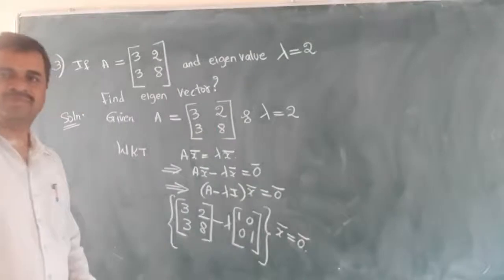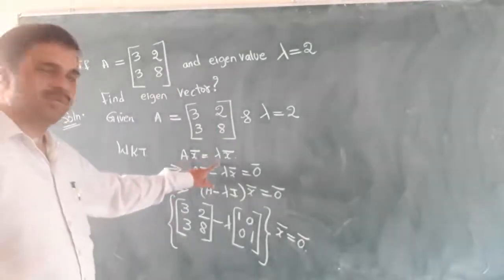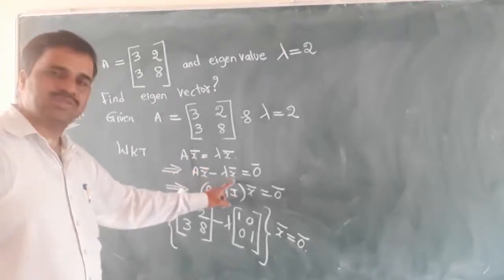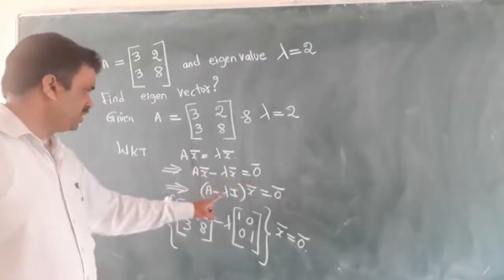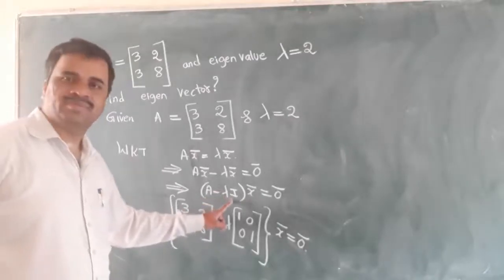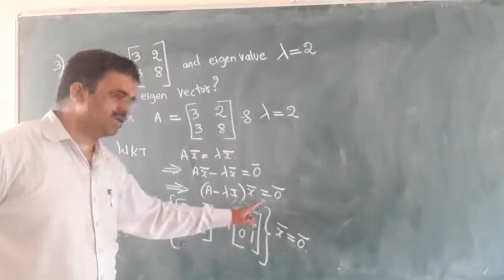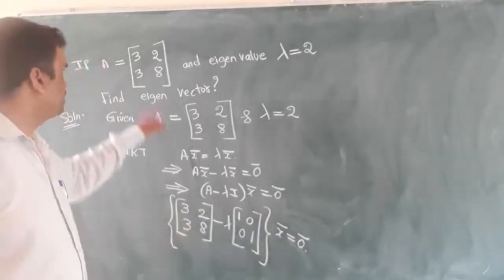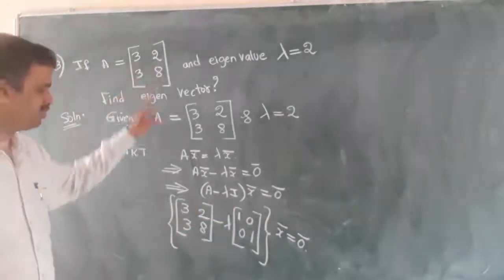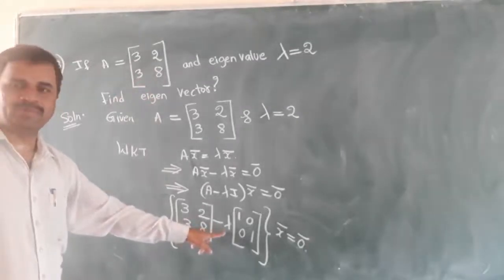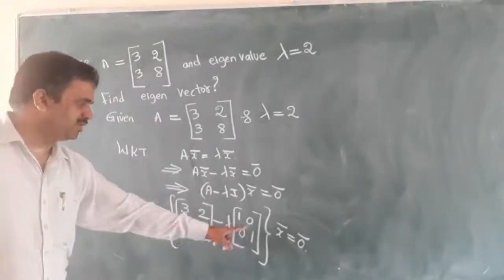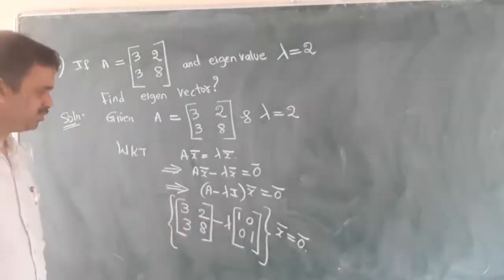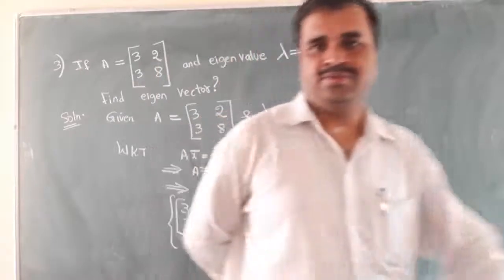Once again, A x bar equal to lambda x bar is the condition I have to satisfy. A x bar minus lambda x bar is 0 bar. Taking x bar common, A minus lambda I times x bar equals 0 bar. I substitute the matrix A and the identity matrix. Now I will simplify it.